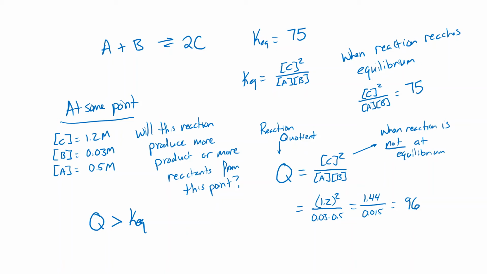So what does that tell us? That tells us at this point in time, the numerator of our expression is larger than the denominator than we would expect at equilibrium. Because Q is greater than KEQ, that means that we have more product than we would expect at equilibrium.